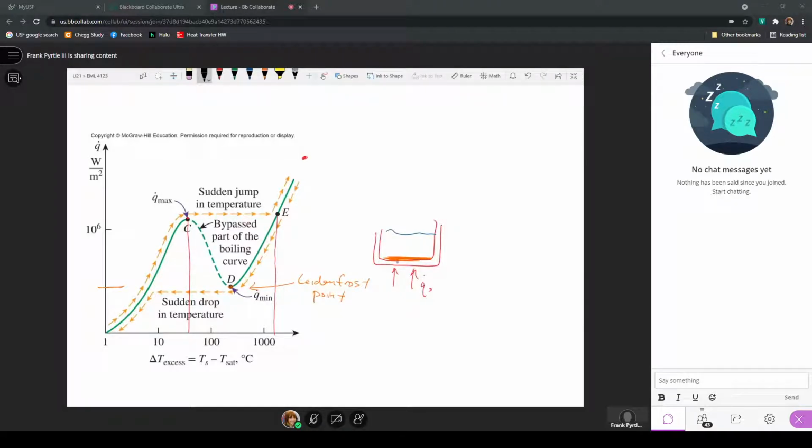Now, again, this expression that we were looking at the very end of class, this is just an expression. These arrows indicate what happens when we increase the heat flux into a quiescent volume of water, so that we go through the regimes of natural convection to nucleate boiling, transition boiling, and film boiling.